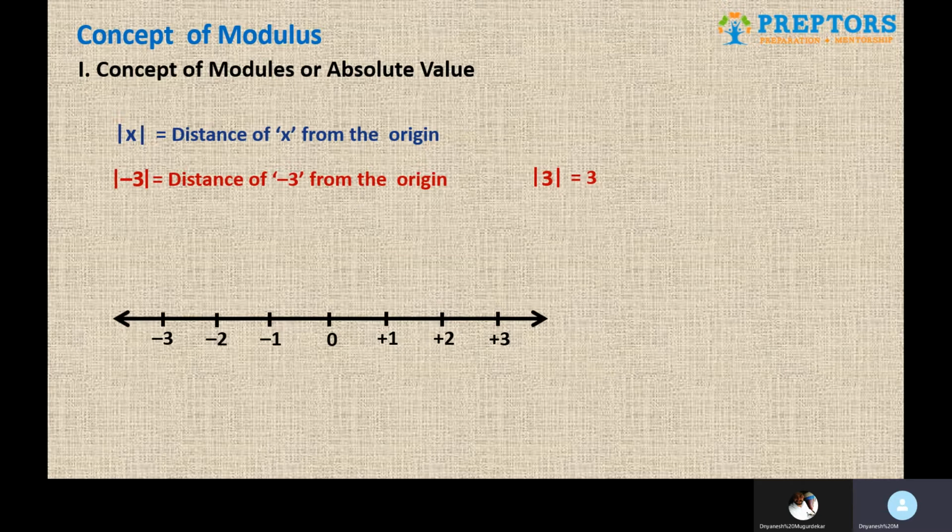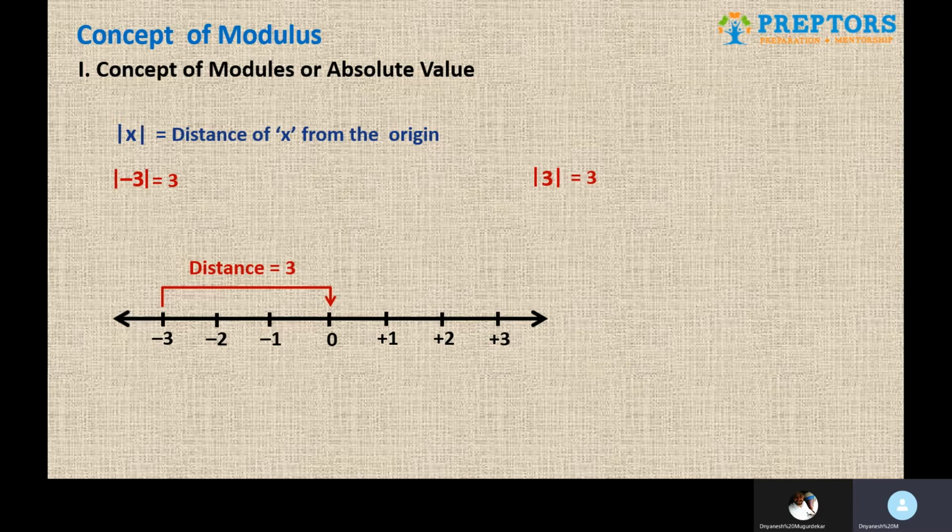From 0 to minus 3, the distance turns out to be again 3. And hence we write mod of minus 3 also as 3. That is why plus or minus outside is always positive, because distance is never negative. Very interesting and very simple funda. Always learn how it is defined, because once you learn that, things become very easy.